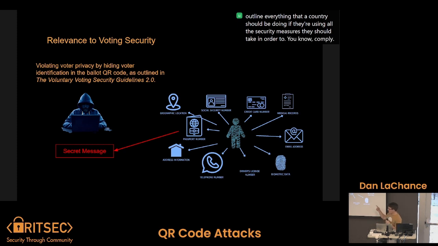One of the things it explicitly says is that you should not be able to extract any personally identifiable information from the QR code. With this scheme, you would then be able to. So it voids that compliance.